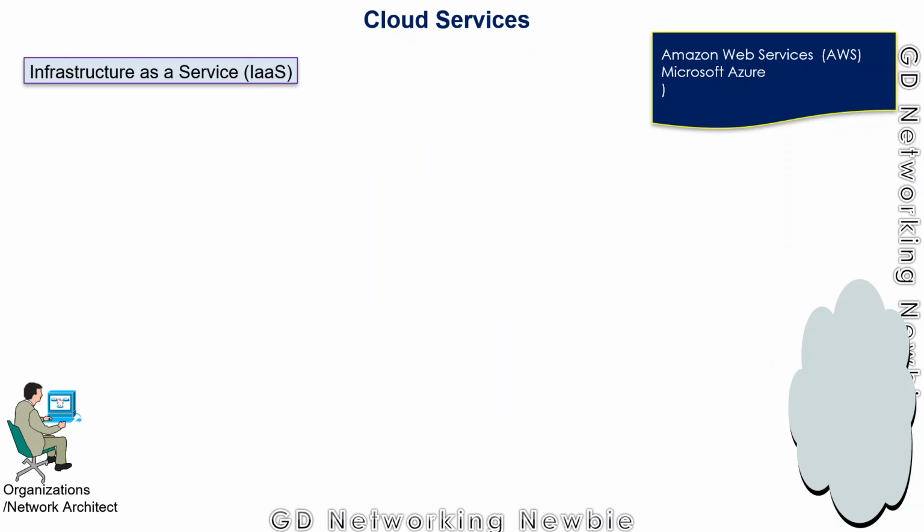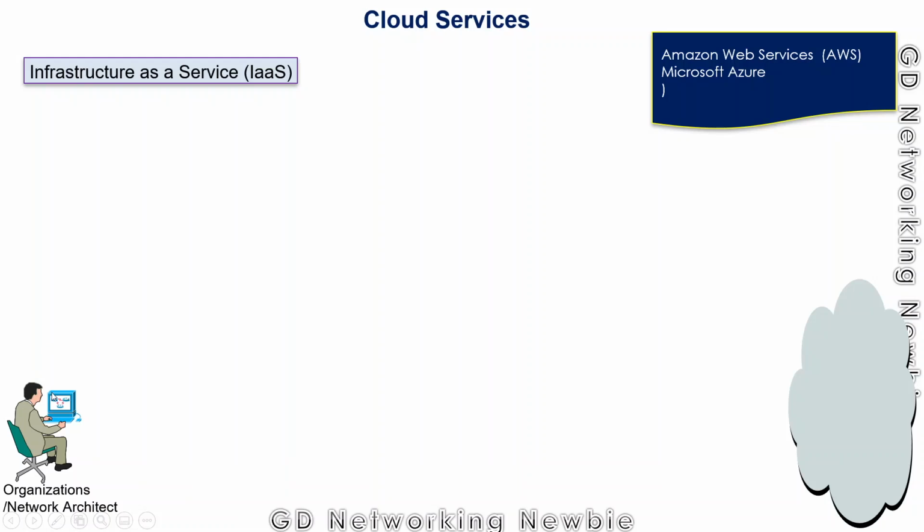The second service that can be provided by the service provider is infrastructure as a service. Infrastructure as a service means, for example, if there is some organization or some network architect who needs some infrastructure like CPU or hard disk. Of course this computer also has some CPU or hard disk, but if it needs more, it is going to plan in such a way that it is not going to purchase all those resources forever.